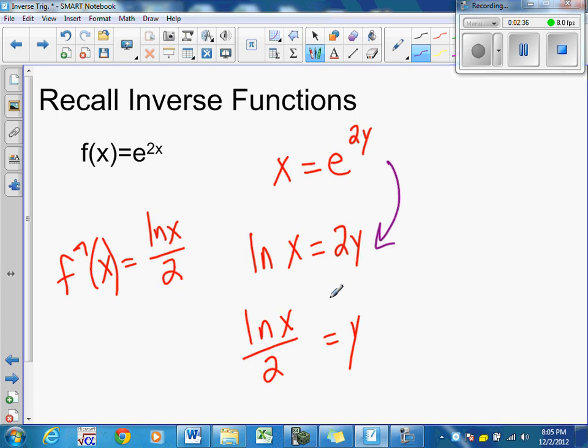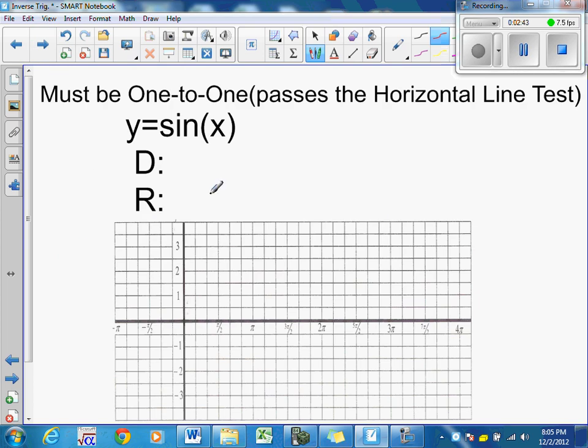We have that similar problem when we try to do this with our trig functions. So first, let's remind ourselves about sine. Now, if I was to graph sine, I'm going to put not just one period, I'm going to put all these dots to try to do as close to a decent graph as possible.